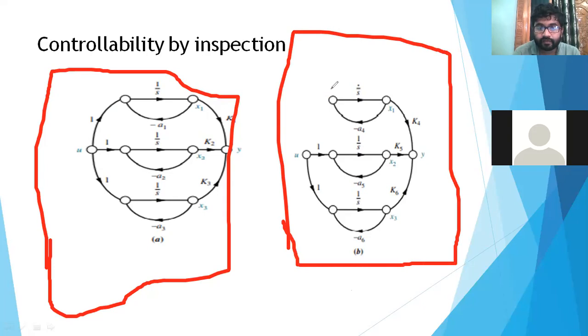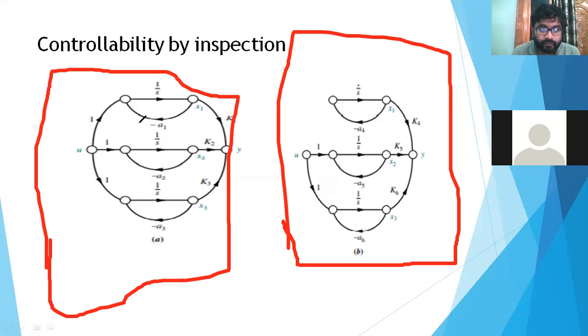The first point I want to tell you is that if the equations are decoupled, or the system is represented in parallel form, then only we can comment on controllability by inspection. Otherwise, we cannot comment on controllability by inspection. We have to apply a separate method.